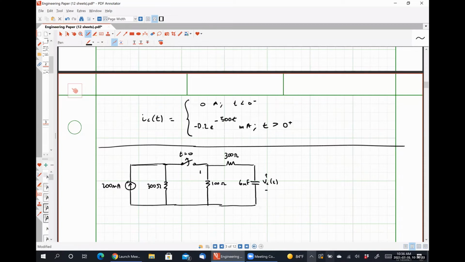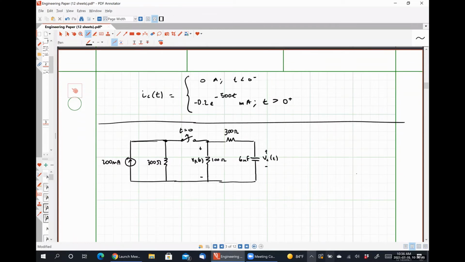And I want us to also find this voltage drop Vr of t. All right. So this is our new circuit of interest.